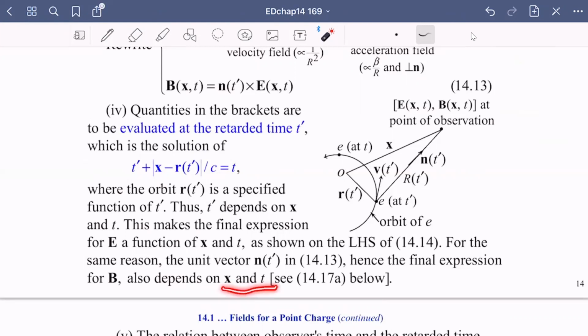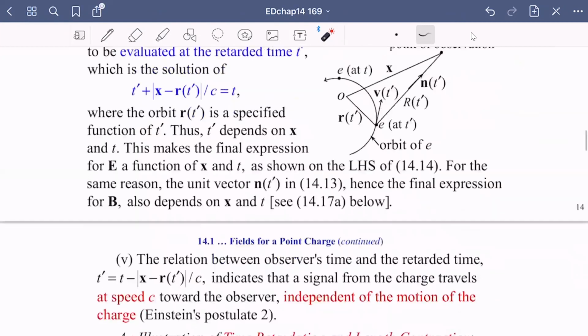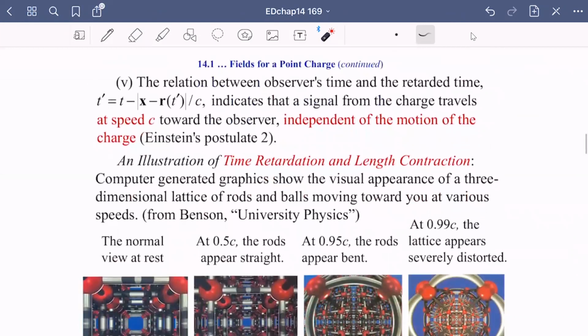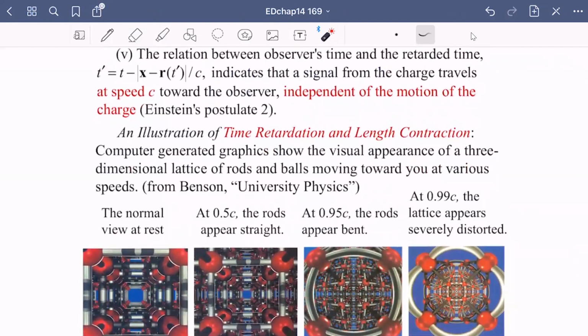OK, 这是一个论述哈，evaluate 在这里。好，这边讲完了，只剩最后一页，last page. The relation between the observer's time t and the retarded time t' is here。很简单，事情发生的地方 retarded time 它需要时间传递。It indicates that a signal from the charge travels at the speed c toward the observer, independent of the motion of the charge.